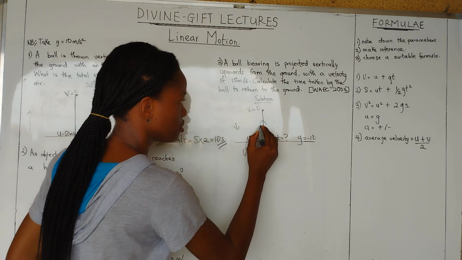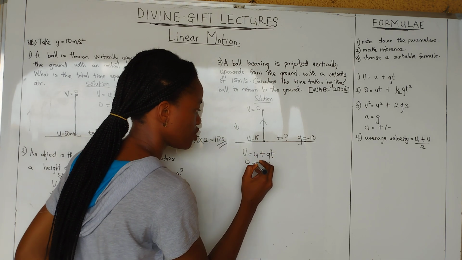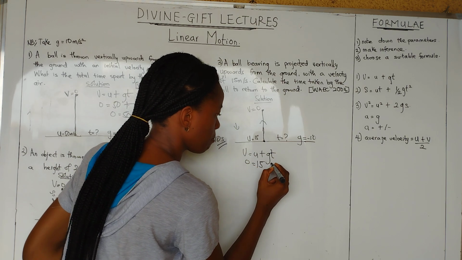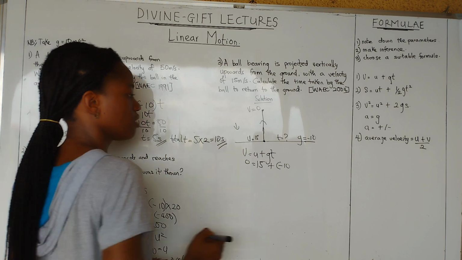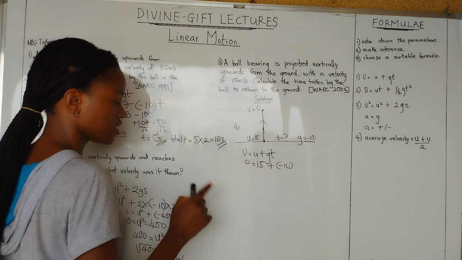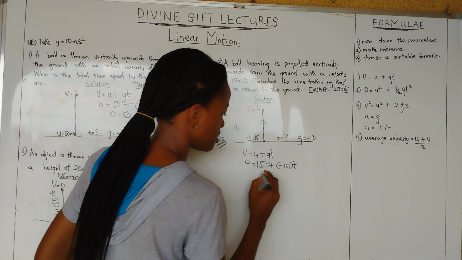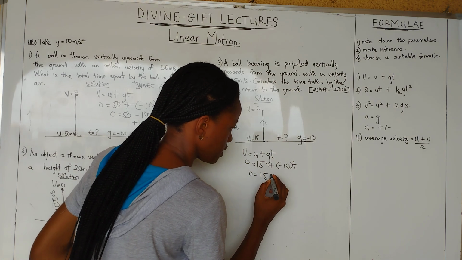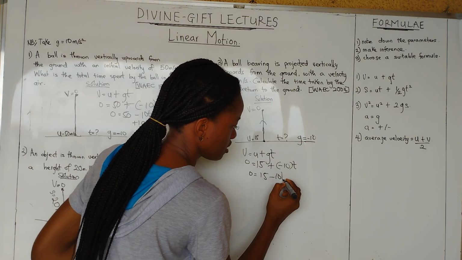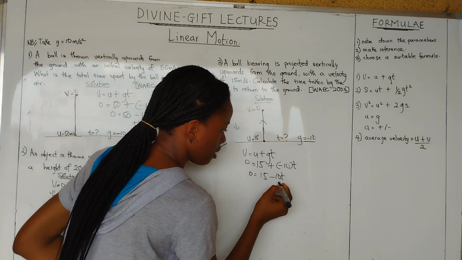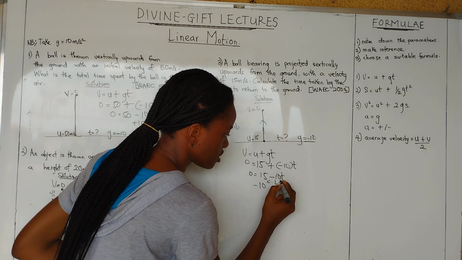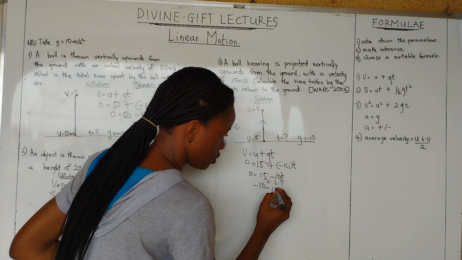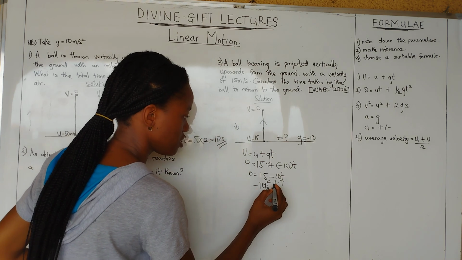v is equal to 0. u is equal to 15 plus minus 10. Remember, we are looking for t. Minus 10t. 0 is equal to 15 minus 10t. Collect like terms: 10t is equal to 15.